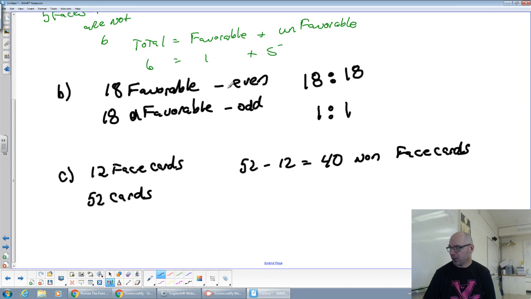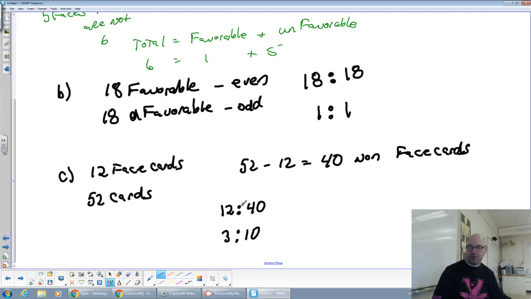So if we're doing odds, you want to do favorable to unfavorable: 12 to 40, and if you reduce that, you can divide 4 into both, 3 to 10. Okay, and that's how you do that one. So that would be number 5 on this side.